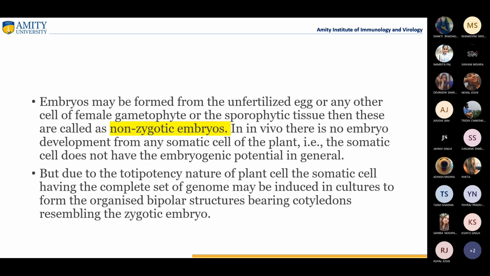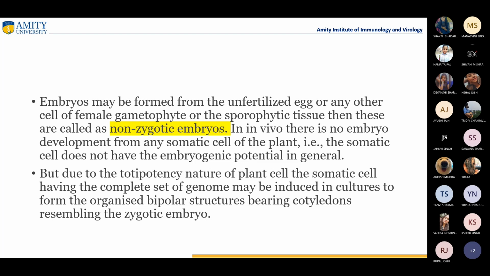Then embryos can also be formed from an unfertilized egg or any other cell of a female gametophyte, or from sporophytic tissues. These embryos are called non-zygotic embryos. In vivo, there is no embryo development from somatic cells, that is, somatic cells do not have embryogenic potential in general, but we are exploiting this in artificial conditions.